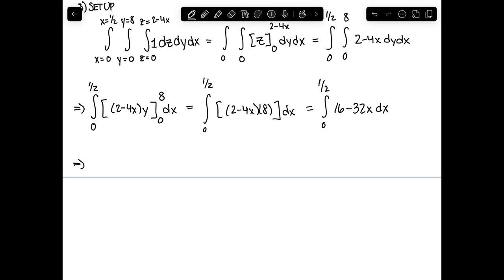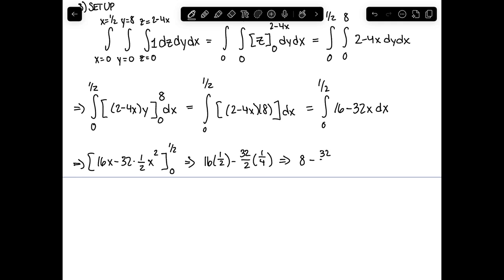If we keep going, we now integrate with respect to x. We're going to get 16x minus 32 times 1 over 2 x squared, and that is being evaluated from 0 to 1/2. If we plug it in, it's going to be 16 times 1/2 minus 32 halves times 1/2 squared, which is 1/4, and minus 0. Yeah, looks good. All right, perfect. 16 times 1/2 is 8, minus 32 over 8.